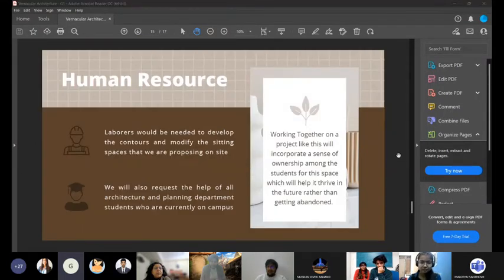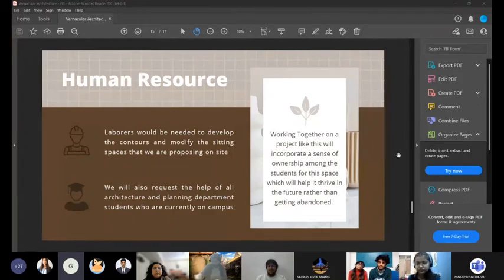Coming to the human resources, ma'am, we will be needing laborers to construct the contoured structure which is located at the end of our site. Laborers would be needed for the heavy lifting and creating the permanent structures.